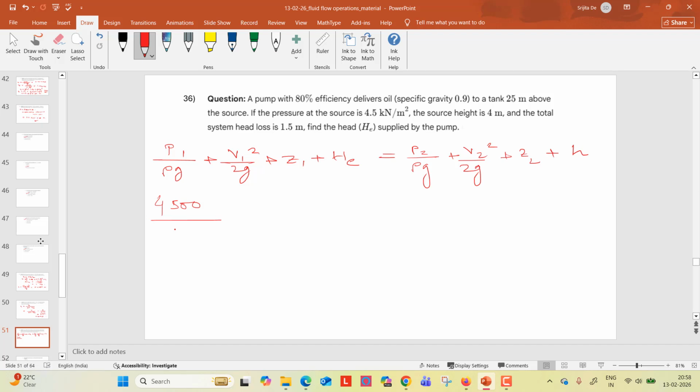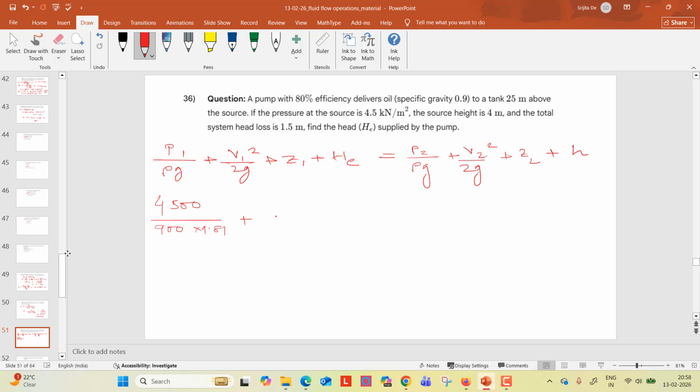This is oil. So specific gravity of oil is like 0.9. That means density is 900, 0.9 into 1000. 900 into g is 9.81, plus V1 square is 0.